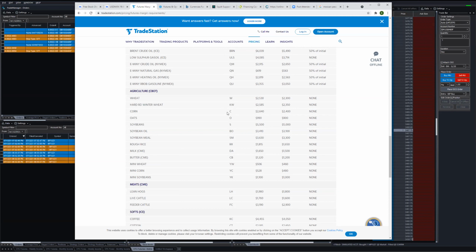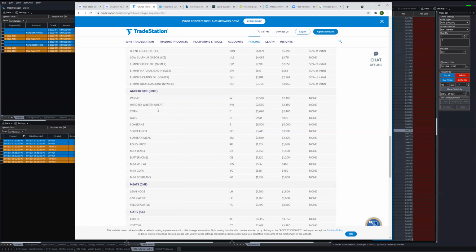So @W, @C, @O, right? And @O works, but I tried @DA and @CB, and for some reason TradeStation doesn't recognize this, but this is the TradeStation website. So I don't know what's the deal here. We will find that out once we get to the agricultural session, right?